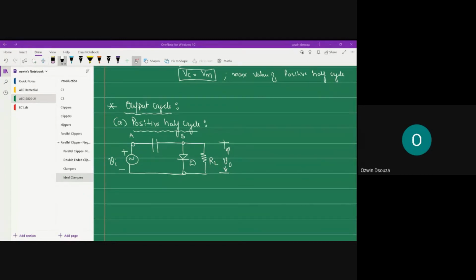Remember one thing I've told in the beginning, in case of clamper circuit, once the capacitor is charged, it is going to retain its charge throughout the clamper operation. Retention of charge in the sense you have to treat it as a battery. Taking that into consideration, what should be the polarity of terminal A and of terminal B? Can you type your answers?